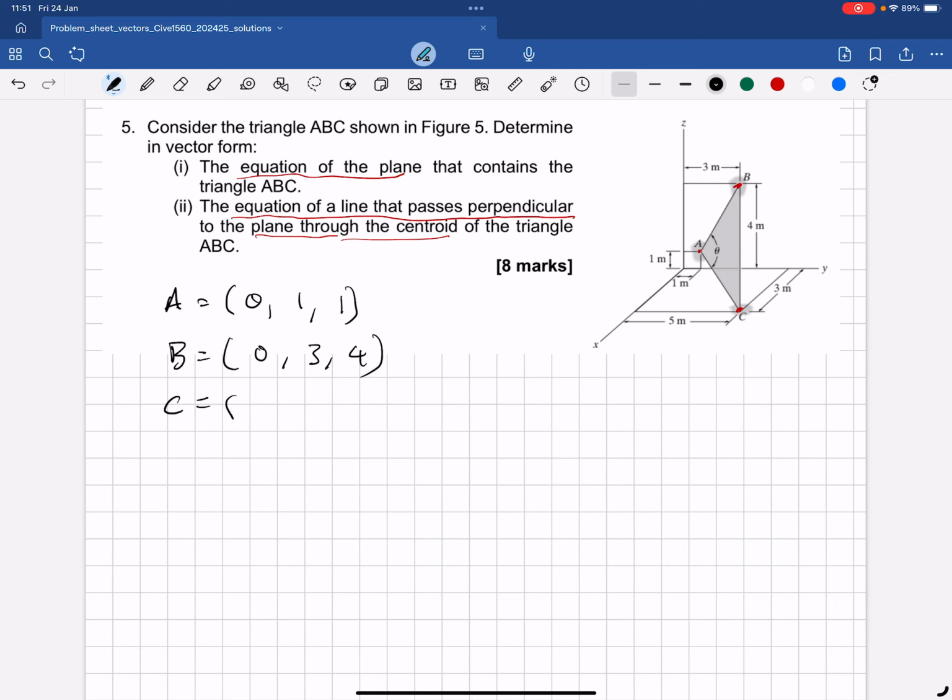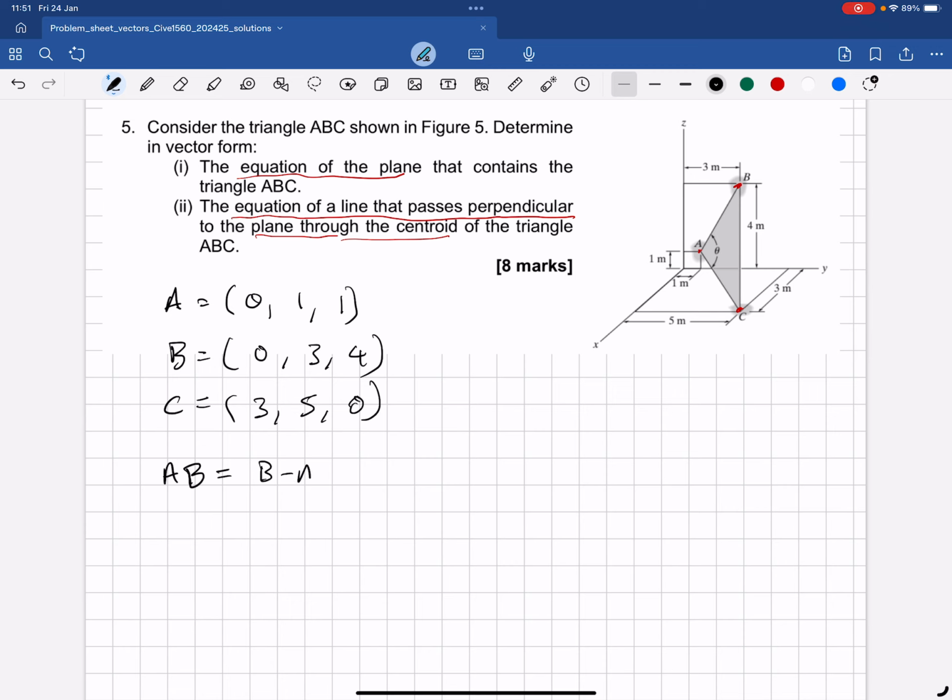C equals 3, 5, 0. Those are our three coordinates. Make sure you agree with those. We want to find two vectors in the plane. So I'll just choose AB and AC. You could do BC, BA, if you like, whichever. Two vectors in the plane.